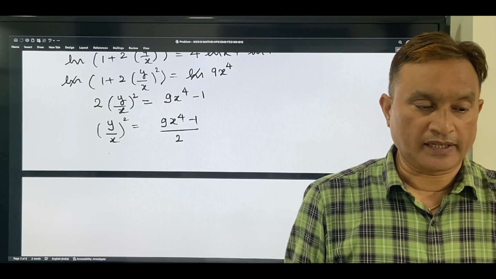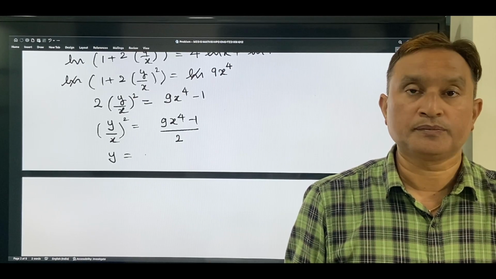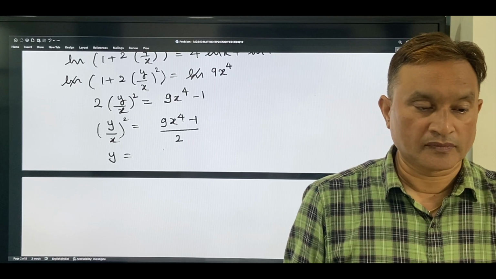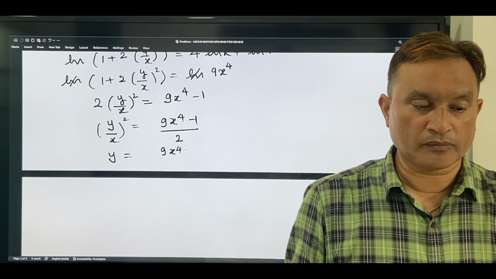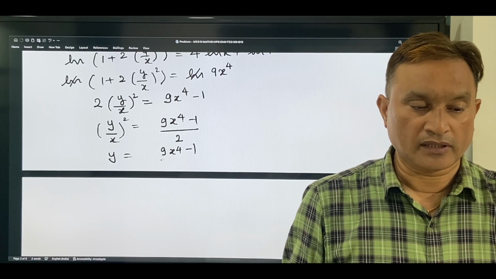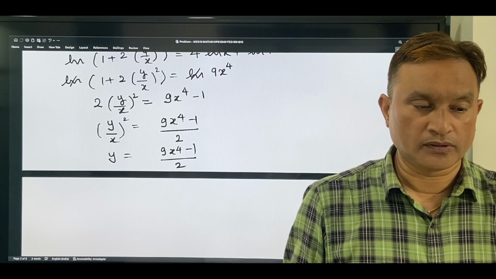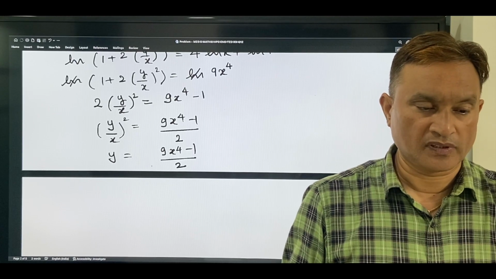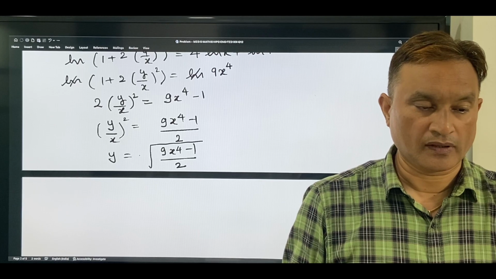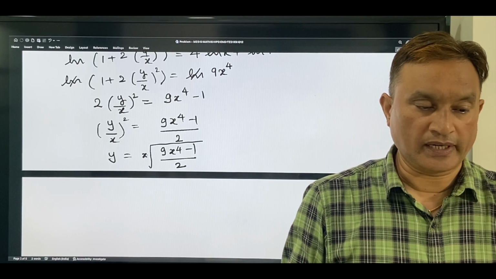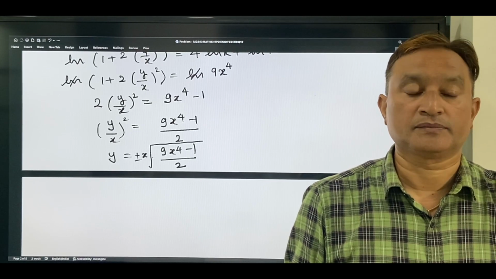And then we can write here y equals to the square root of 9x power 4 minus 1 upon 2, into x and plus minus.